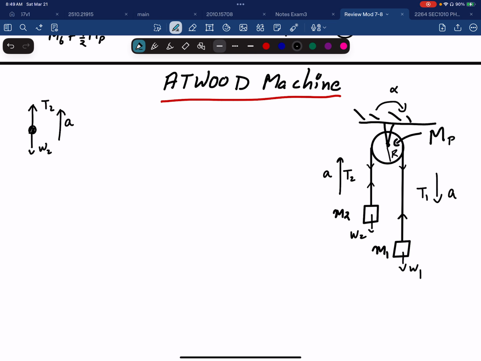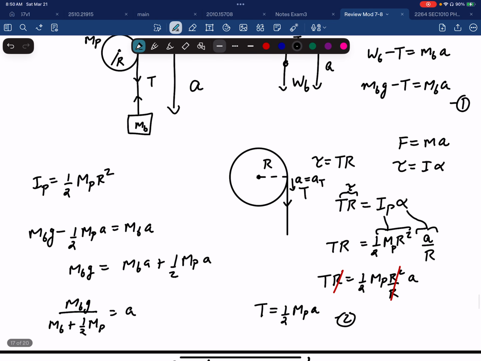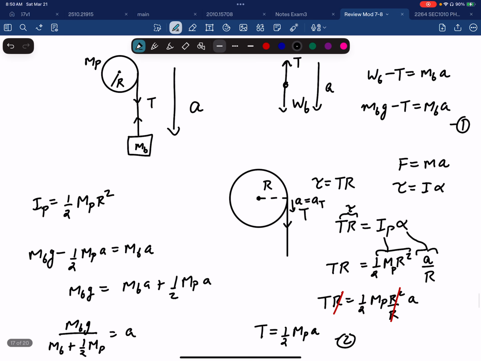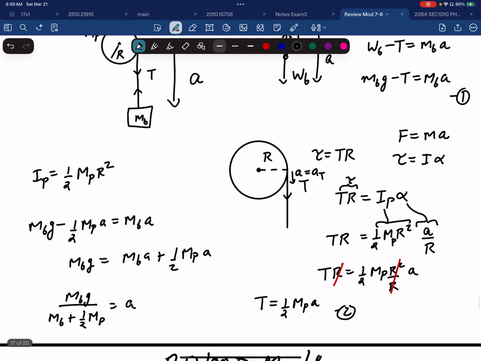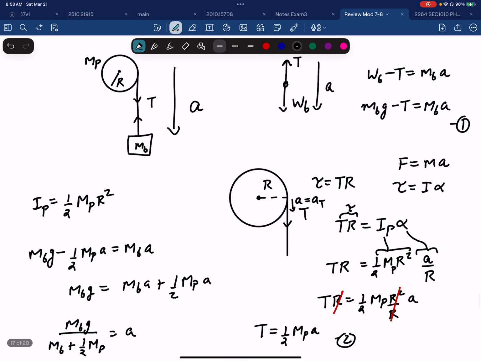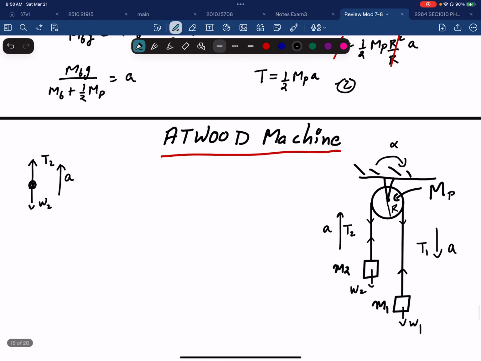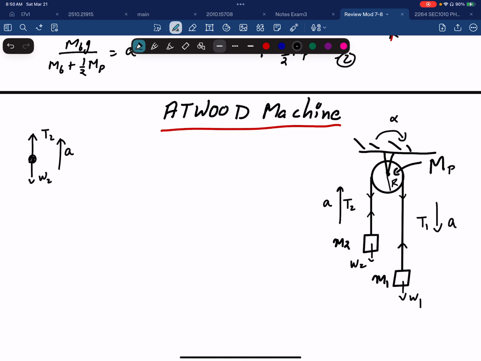One thing you need to remember here, the direction. Now we have to be very careful, because previously I did not talk about the direction, because I know that the direction of alpha is the same as the direction of the torque. But there, only one torque was applied, that's why I didn't care about the direction of the acceleration itself. Here there is more than one torque, as we will see.